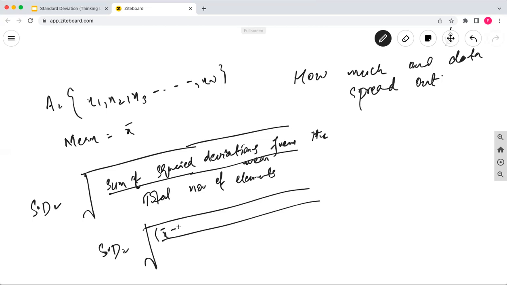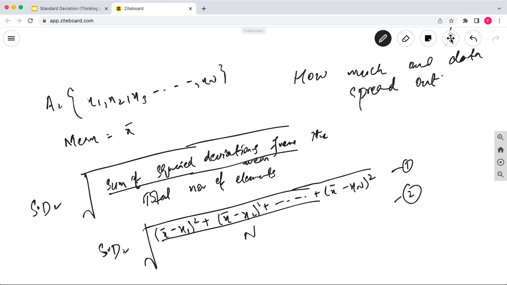The first element is x1, the square of that, the mean is x bar; the second element, x2, the square of that, up to the last element, xn, whole square, divided by the total number of elements, which is n. So basically, there are two main components of standard deviation. One is the deviation part, and the other is the total number of elements.